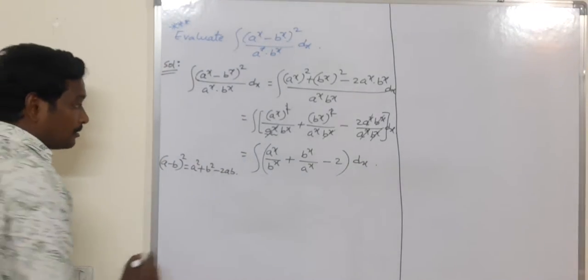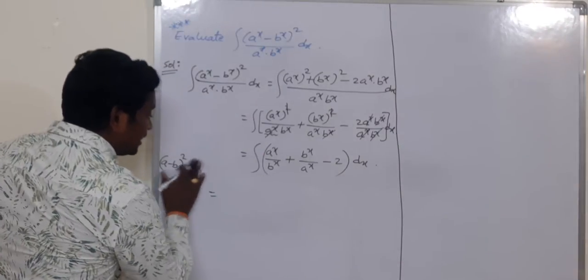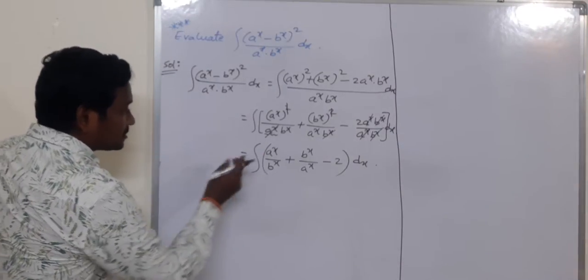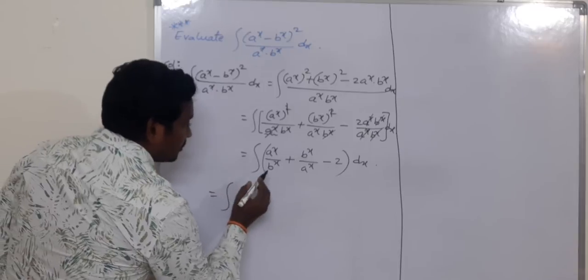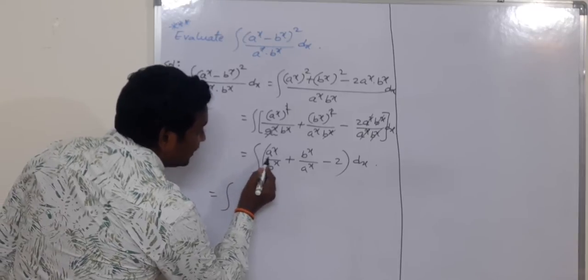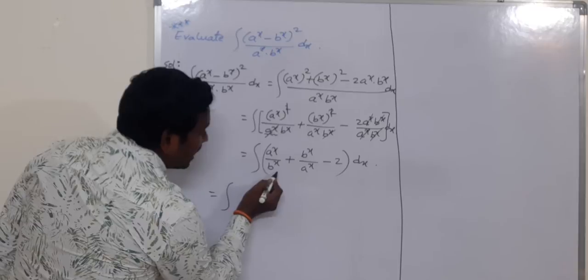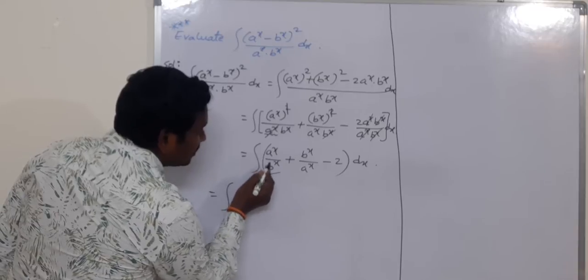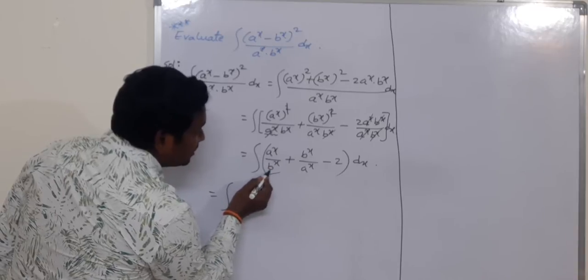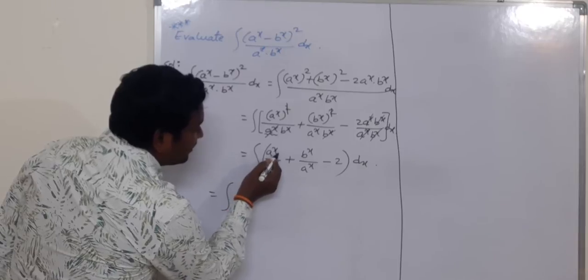Okay. Now by using the linear property, separate the terms. One more thing here: in the first part we have a^x by b^x. For both denominator and numerator we have the same power x.